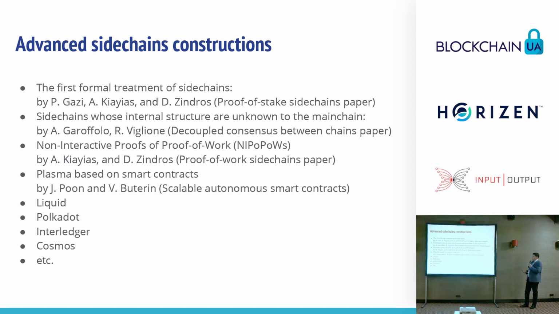We have a formal model for non-interactive proofs of work for proof-of-work sidechains. We have Plasma-based smart contracts with sidechains by Poon and Buterin. We have Liquid, Polkadot, and other solutions. So there is very intensive development in this area.